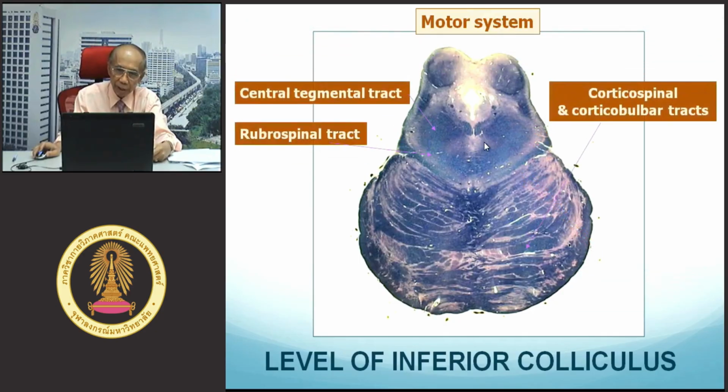The motor system will include the rubrospinal tract, the central tegmental tract here, corticospinal and corticobulbar tract in the basal portion.